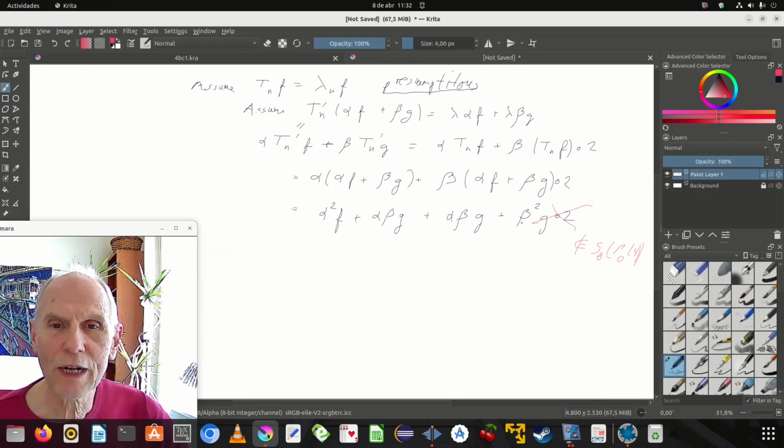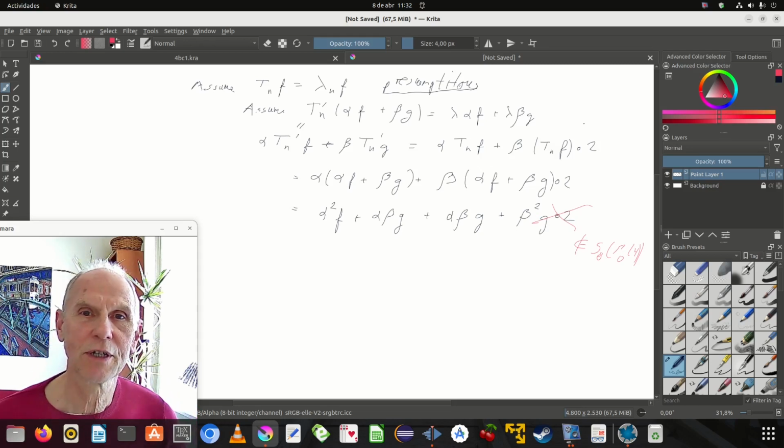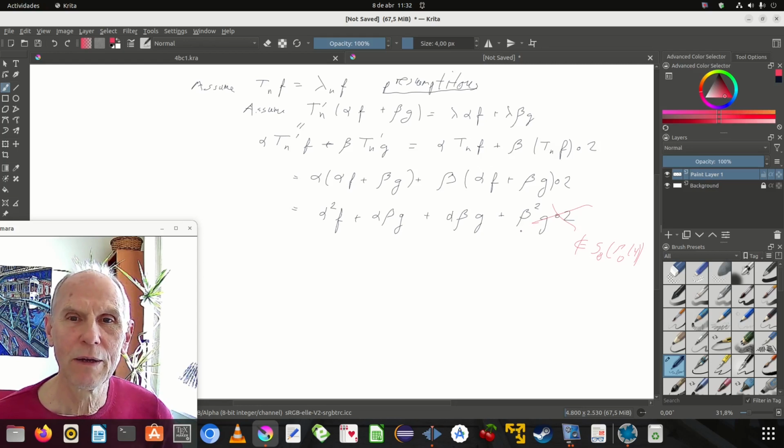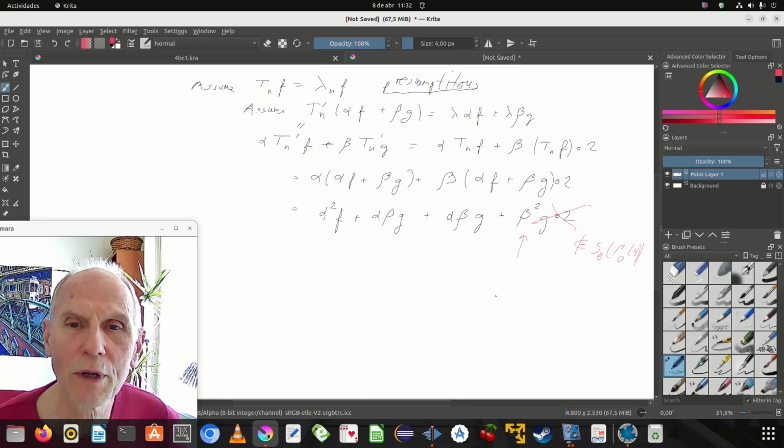Therefore, b squared must vanish, and that means b vanishes. And therefore, an eigenfunction must have b equal to 0.